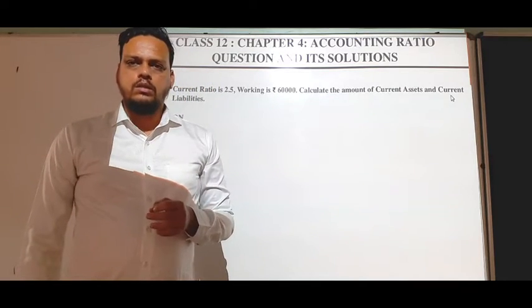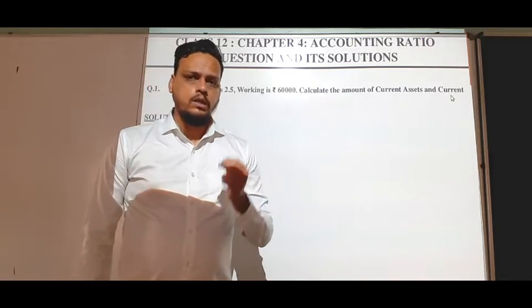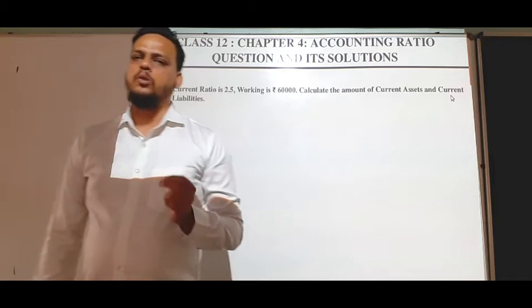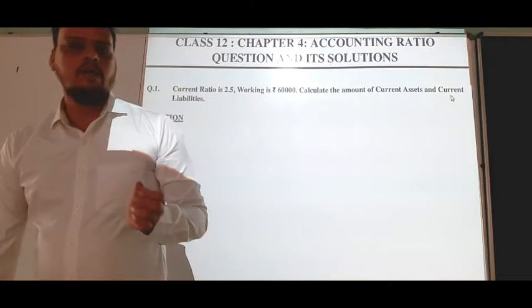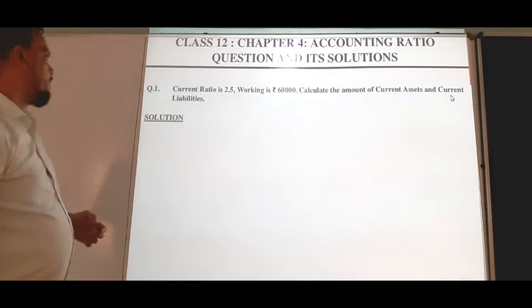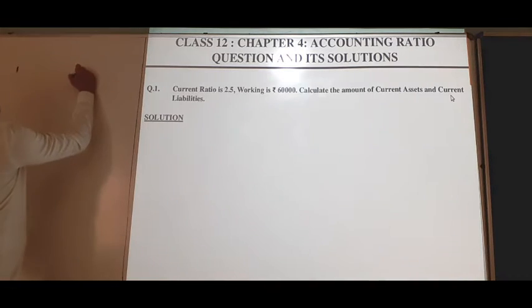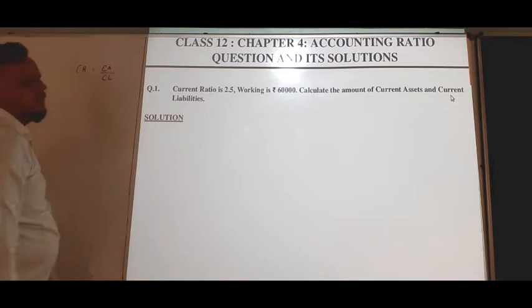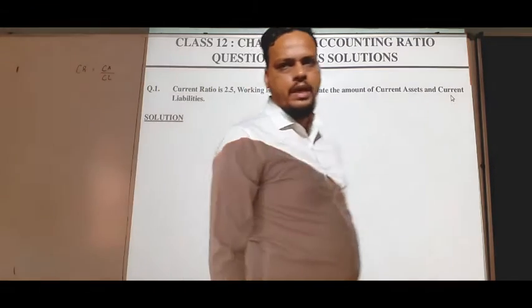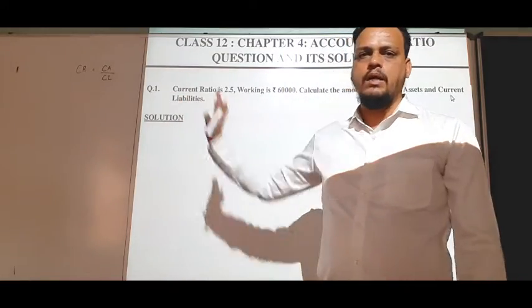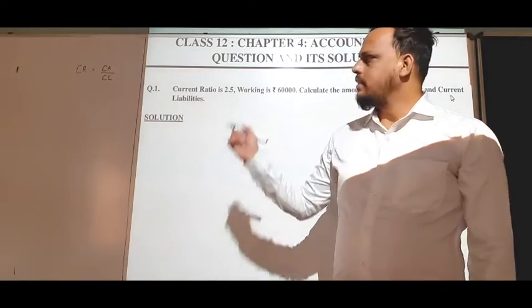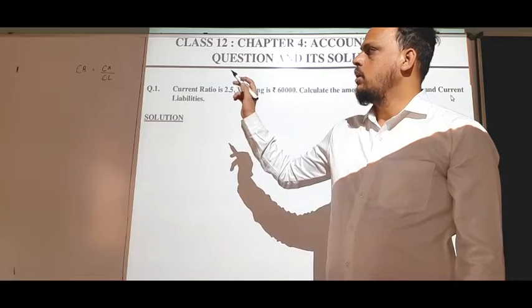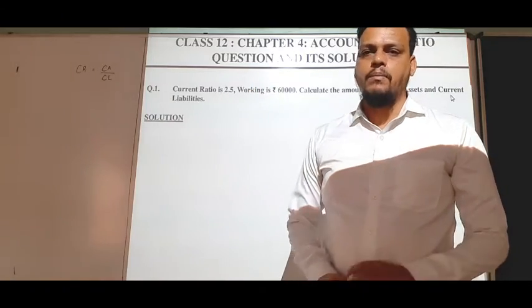Before starting this, you should know the formula of current ratio. As I already said, current ratio formula is current assets upon current liability. I have written it short because I have a space problem. That's why I have mentioned current ratio is equal to current assets upon current liability.